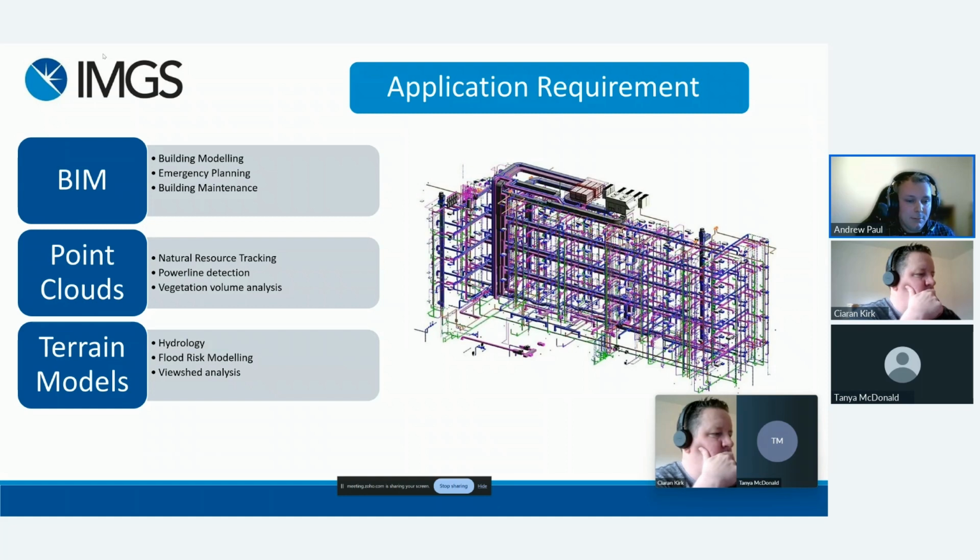If you're interested in natural resource tracking, power line detection, or volume analysis of vegetation, you may be interested in looking at point clouds and doing your analysis on that. And as I mentioned already as well, your viewshed analysis, your flood risk modeling, your hydrology, all of those kinds of things can be done using larger scale terrain models.